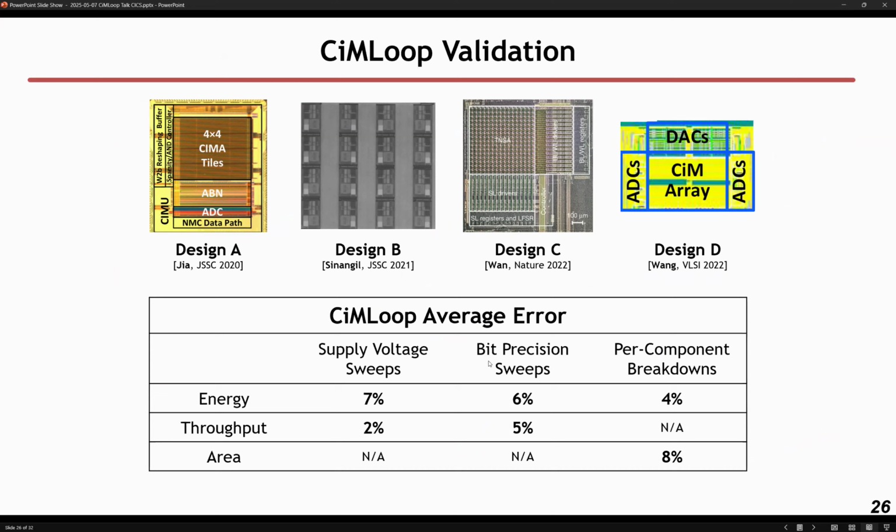The next one is a bit precision sweep, where they will test different input, output, and weight precisions and see how that affects the energy and throughput. And finally, it's the per component breakdown, where they look at the different components and the energy and area of each one respectively. Over all of these, CiMLoop consistently gets relatively low error. It has at most 8% error, and on average, just 2 to 5% for most of these.